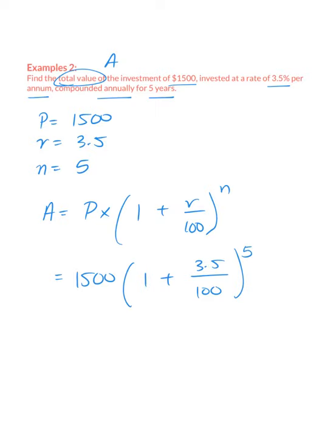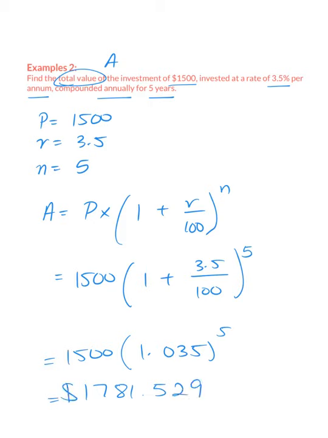Now, if you have a TI-Nspire, you could plug this in and it'll give you the answer. If you don't, you could still do this with a scientific calculator. You just need to work with BODMAS over here. So it's 1,500 times 1.035 to the power of 5, and that gives us 1,781.529.